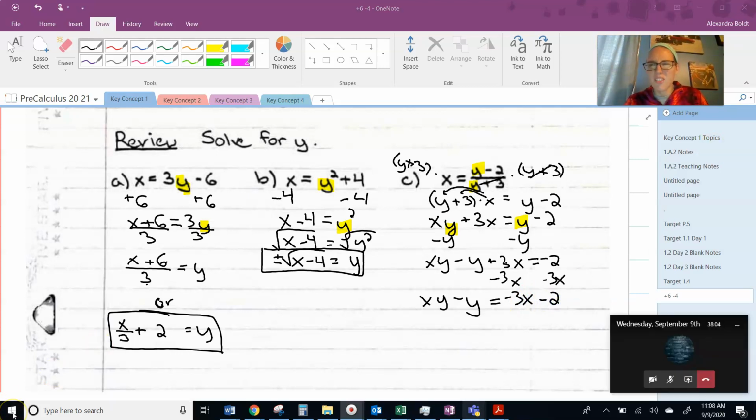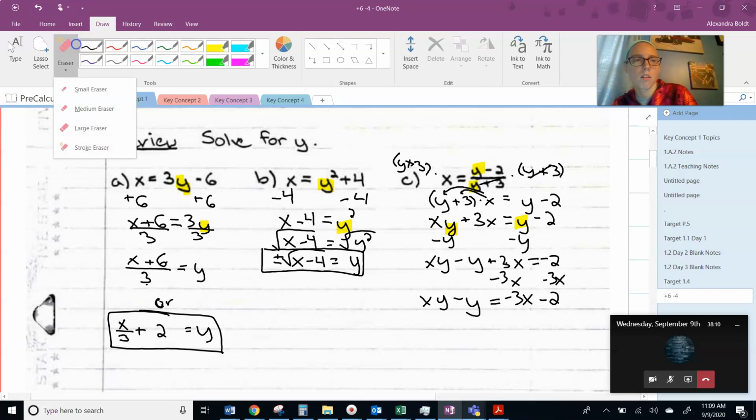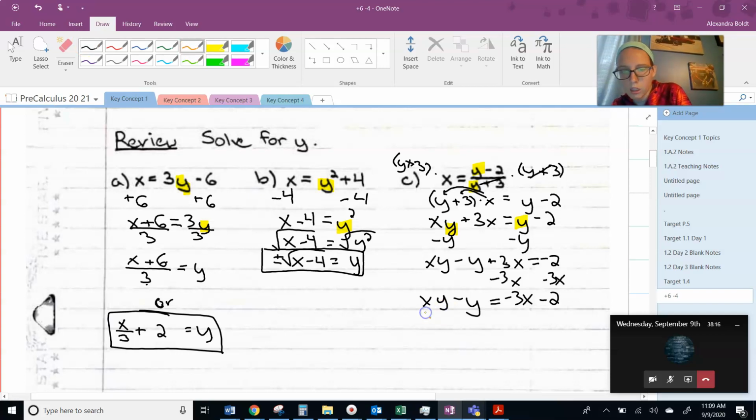Now we still have these two y's. What we do in this situation is, if we look, this y is a common factor. We're not really dividing by y, we're factoring it out, but you can kind of think of it as division there.